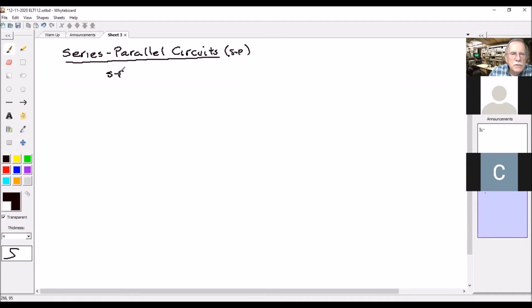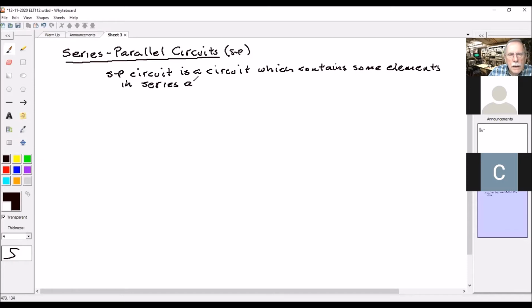So a series parallel circuit is a circuit which contains some elements in series and some elements in parallel.